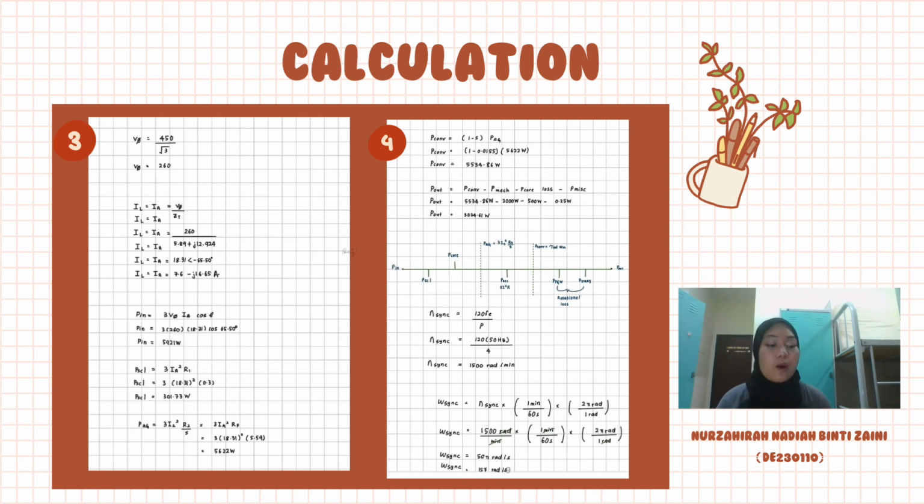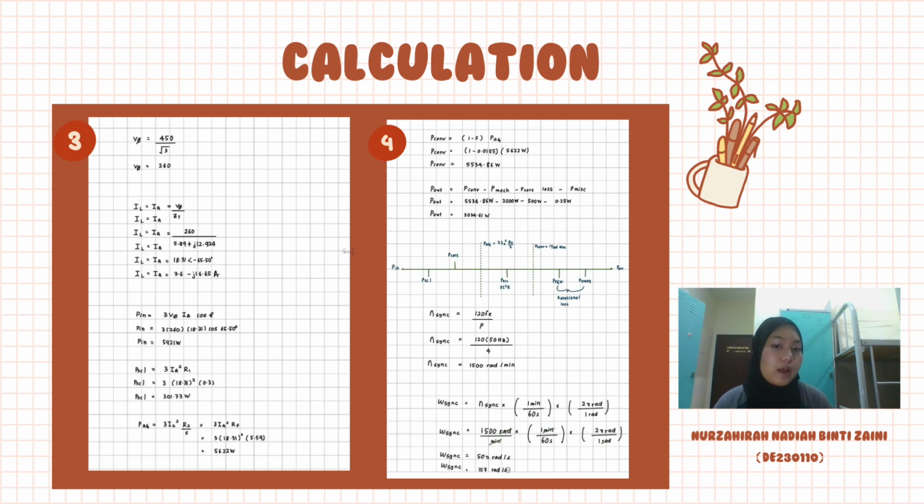Next, we need to find the power air gap. The formula of power air gap is 3 IA squared multiply RF. So the value of power air gap is 5622 watt. Next, we need to find the P convert. The formula of P convert is (1 minus slip) multiply power air gap. So we get the value of power convert is 5534.86 watt.